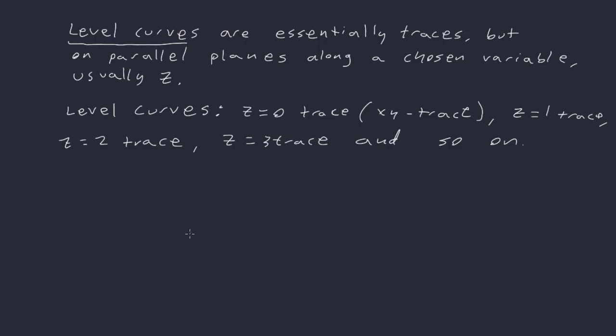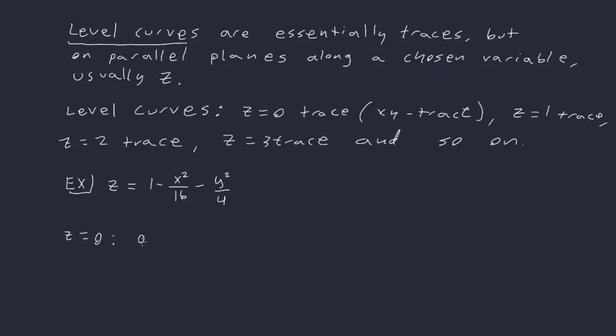Okay, so let's take a look at an example, and hopefully that will kind of enlighten us to how this works. To start with, let's look at an example we did last time. We already know what this looks like. This is a paraboloid. But just to give a further way to look at it. So we already did the z equals 0 trace, right?